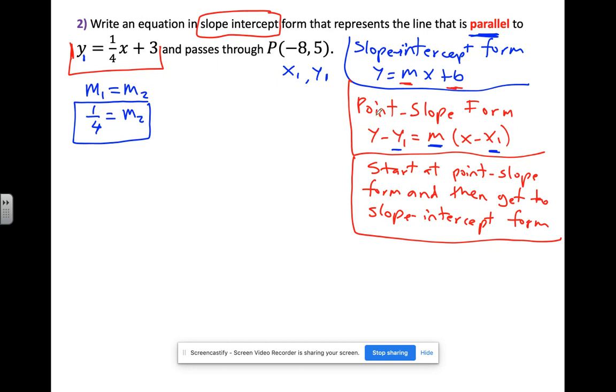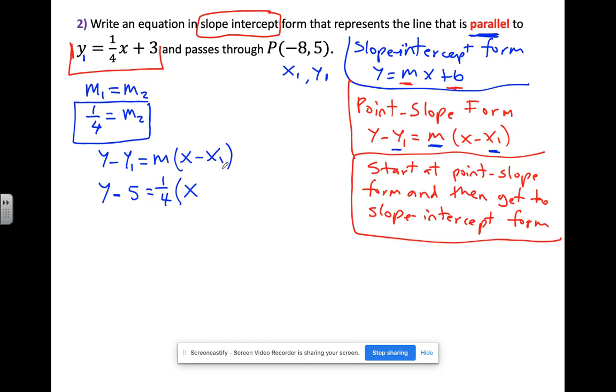So let's replace it in here. I'm going to rewrite the point slope form, y minus y1 equals m times x minus x1, and I'm going to replace the given values. So -8 is going to be my x1, y1 is going to be 5. So y minus 5 equals m, which is 1/4, parenthesis, x minus x1.